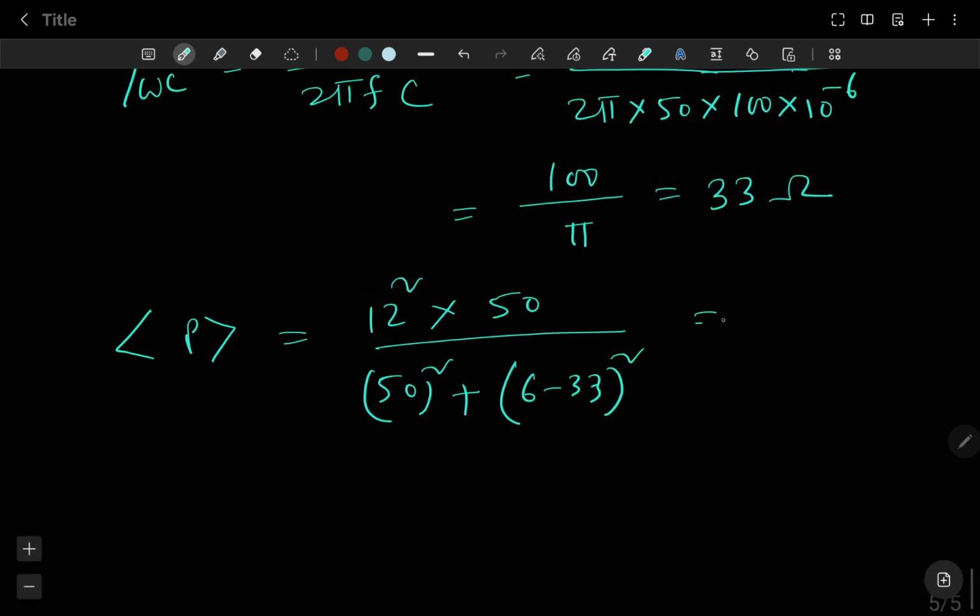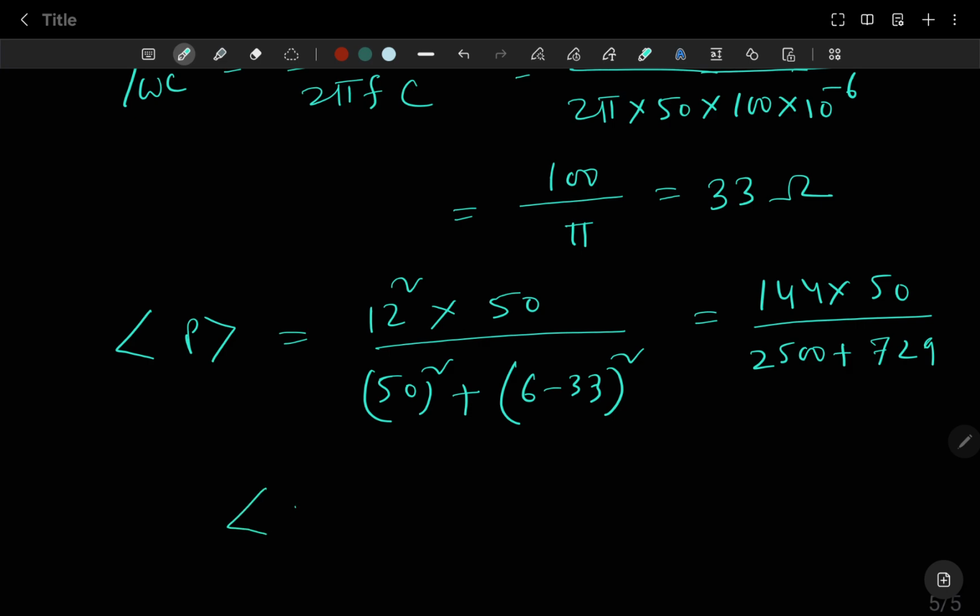So it will be 144 into 50 by 2500 plus 27 square, 27 into 27, so it is 729. So nearly we will get this average power as 3229.